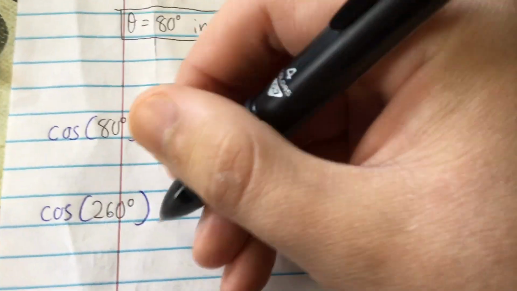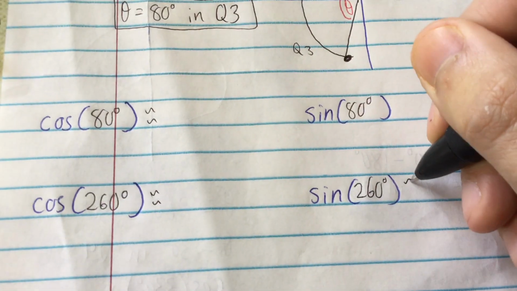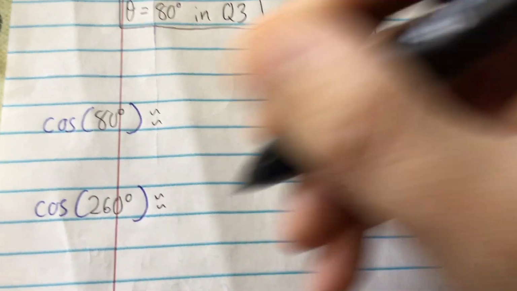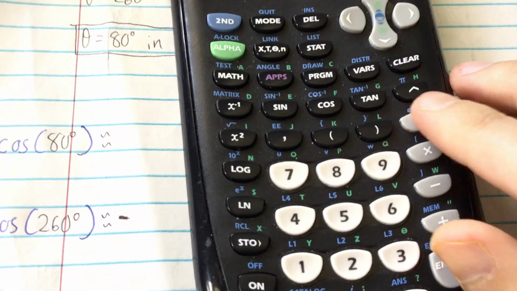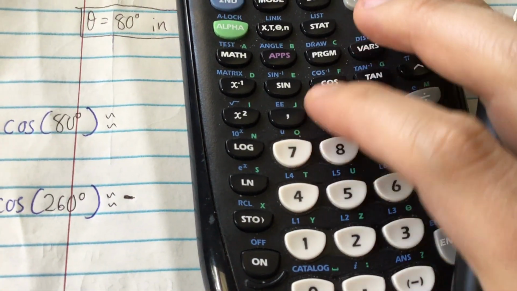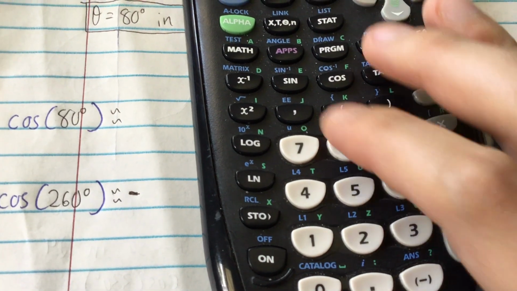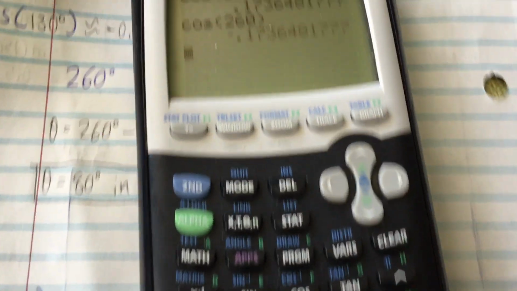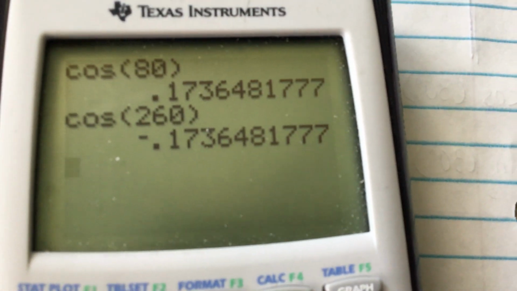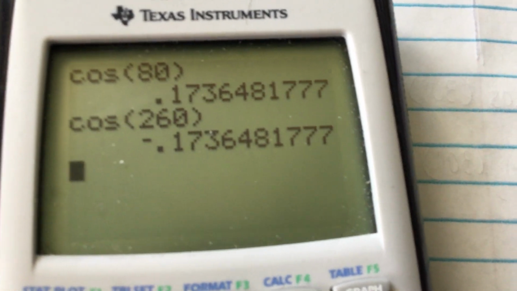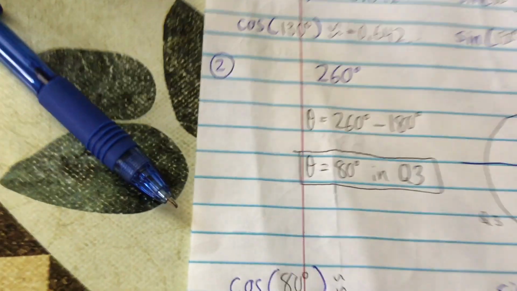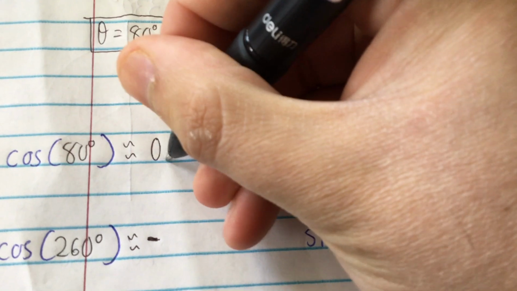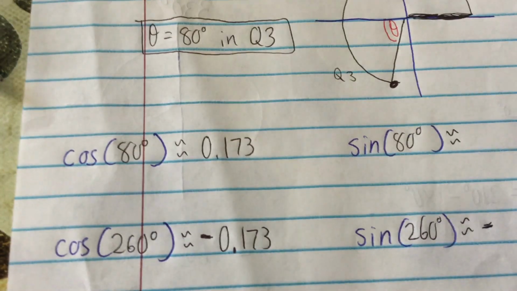So let me just get my squiggles ahead of time. So the cosine of 80 and the cosine of 260. Compare. So the cosine of 80 is 0.173, and the cosine of 260 is negative 0.173. Look at that.